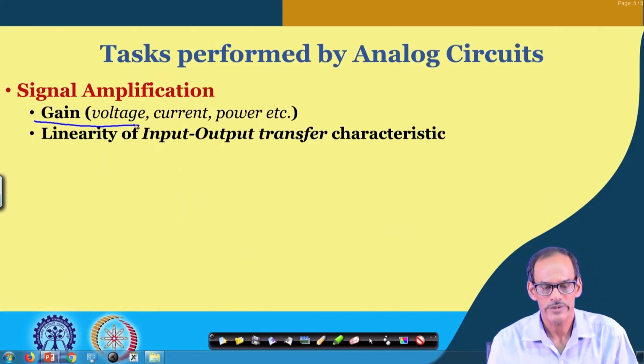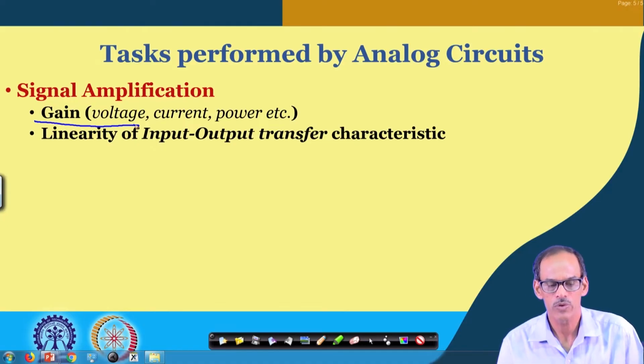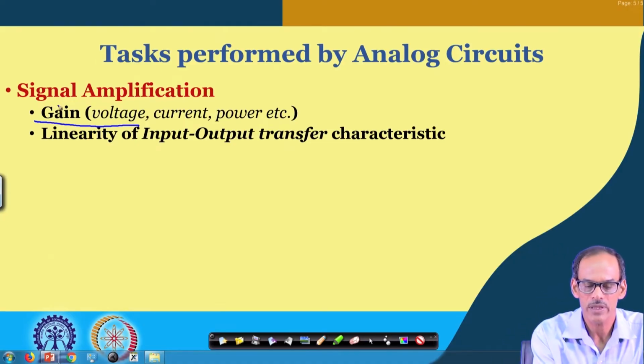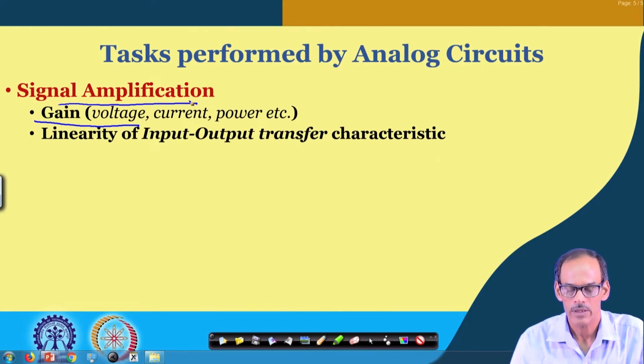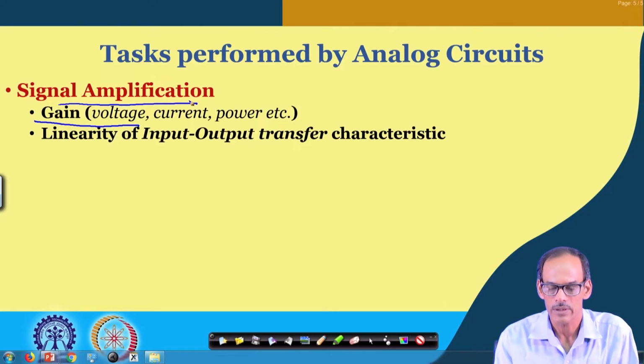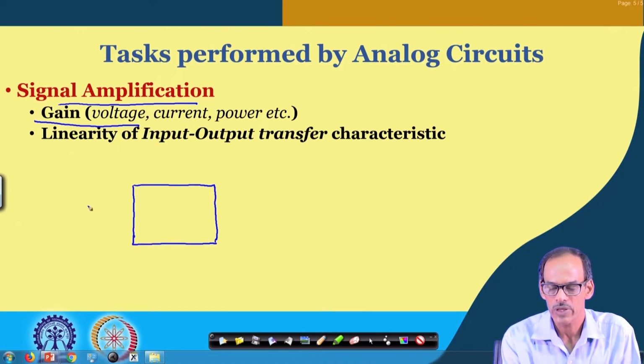Whenever we say it amplifies a signal, we mean it may be a voltage domain signal, its nature is retained, and at the output we expect the same input signal, but of course, its strength is expected to be higher.